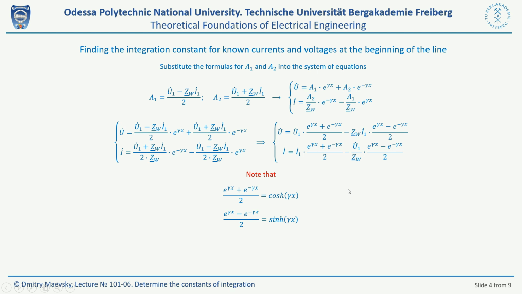Let's remember the math. In mathematics, such half sums and half differences are called hyperbolic cosine and hyperbolic sine. They are denoted in much the same way as the usual trigonometric cosine and sine, only with the addition of the letter h at the end.